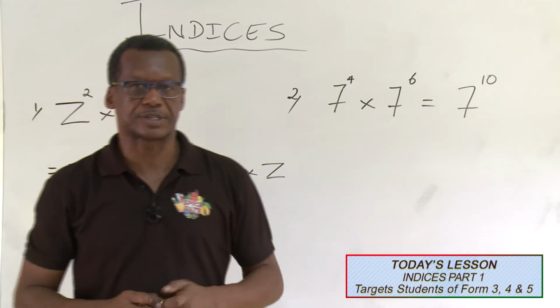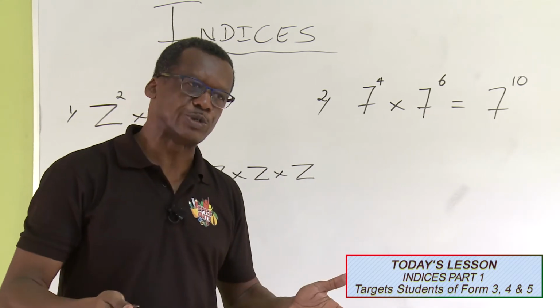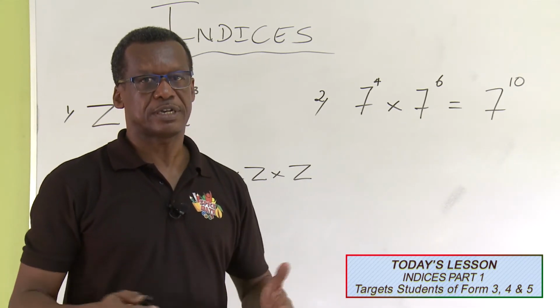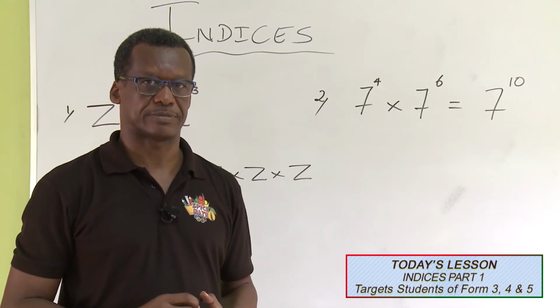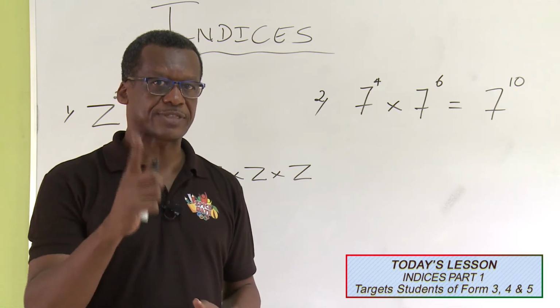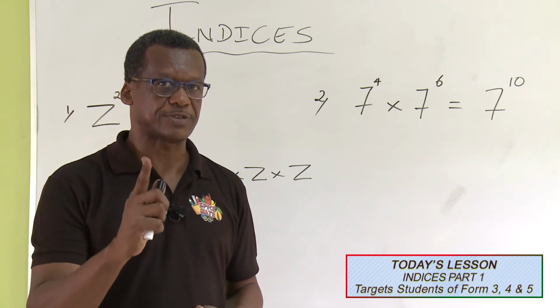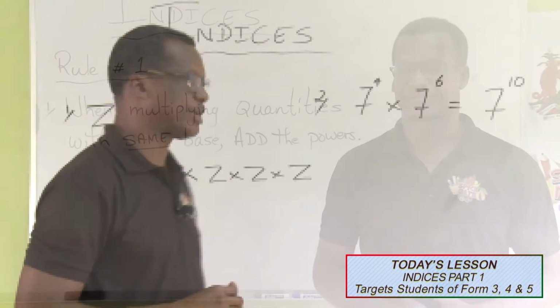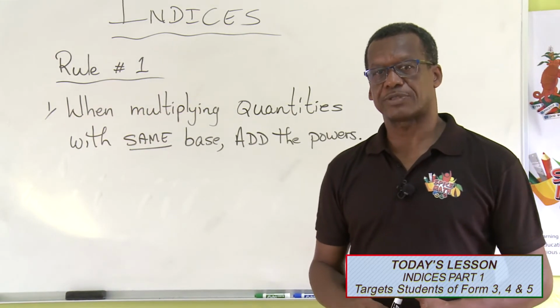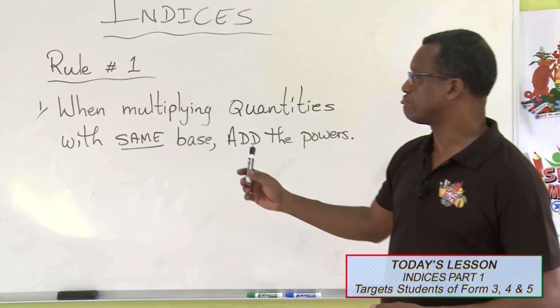Now that leads us to one of the rules that governs indices or powers. And we're going to look at that rule and see if we can commit it to memory. Very well. So this is the statement.